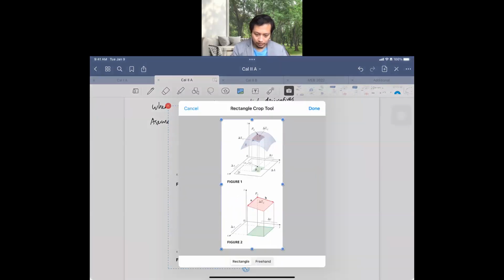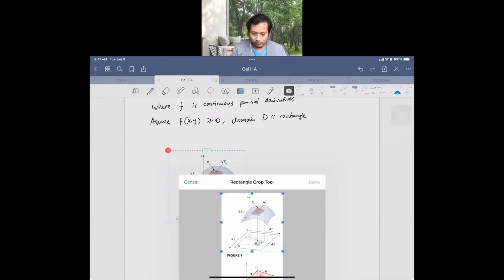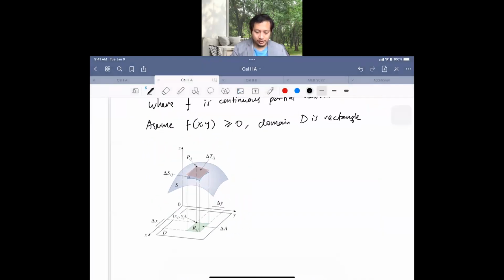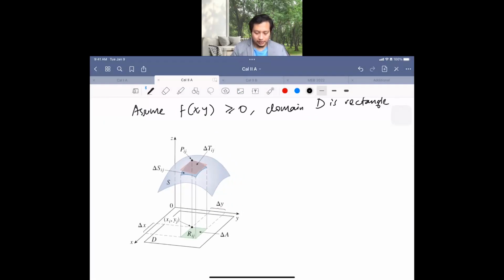I think we can start from the first one. This is a surface, and imagine we have a rectangle at the bottom, the projection, and we are slicing the rectangle and making it into small pieces like this. We project these small pieces back to the surface.